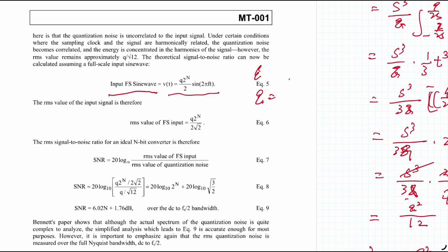The reference signal, let's call that full scale, divided by 2 to the power n. The full scale value, or the peak to peak of the full scale value, is VFS equals q times 2 to the power n. But in the sine wave case, the amplitude is half the peak to peak value, so we just divide by 2.